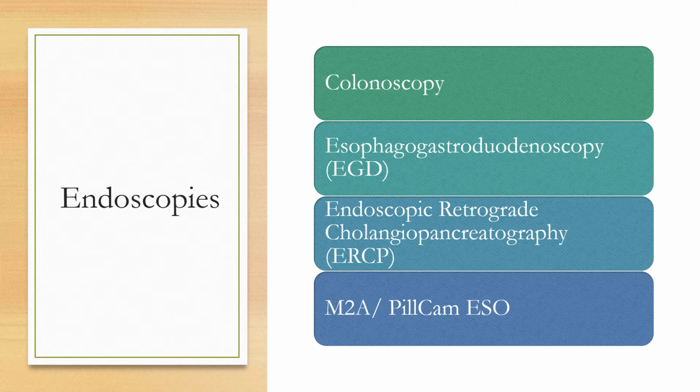That's reviewing the esophagus, the stomach, and the first part of the duodenum. ERCP, again, a scope that goes in, and it has the ability to provide dye. So the scope goes to the sphincter of Oddi and squirts dye into the pancreatic system and the biliary system to have a full view of those two areas. And finally, the pill cam that can view the small intestine if needed.